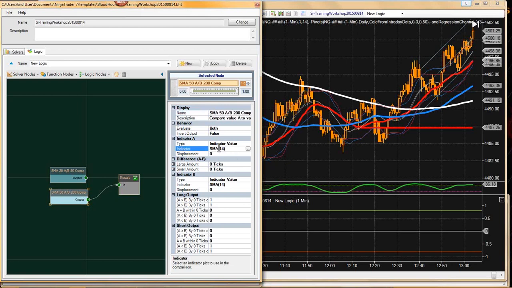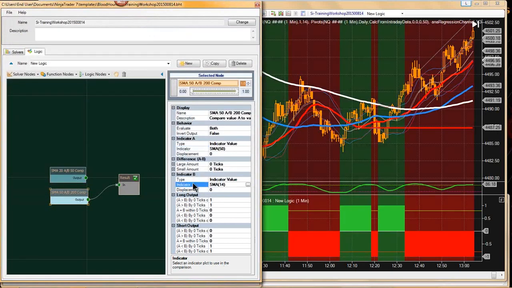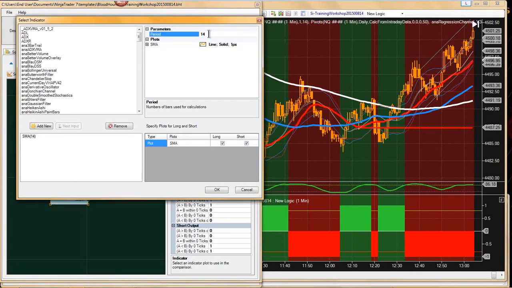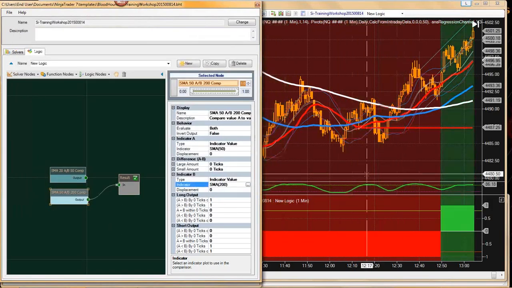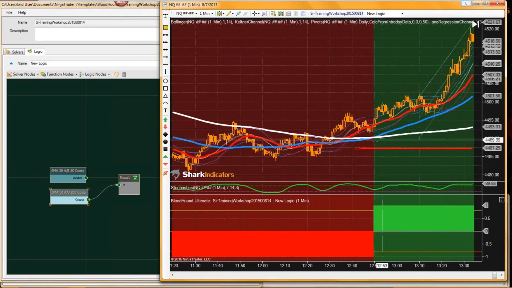Once again we'll put the SMA 50 in A, and let's change the period. Down here in B, we'll set this to our 200 period. Yep, there's our crossover point right there. The blue line's above the white line. Remember, the white line is the 200 SMA.